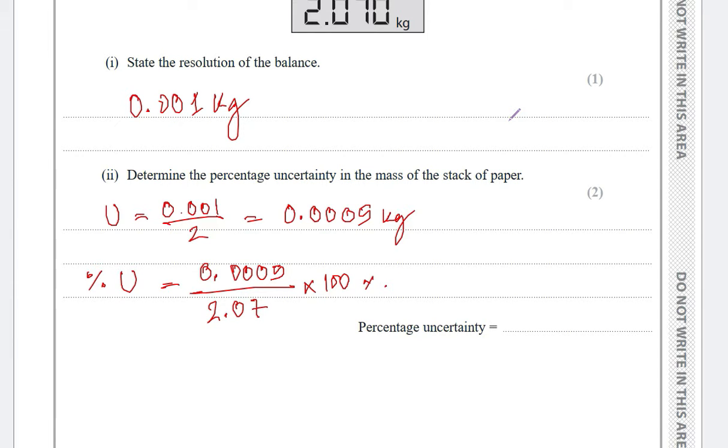And the value is 0.024. The question says percentage uncertainty, and once you multiply it with 100, the value is 0.024%. And as always, give your percentage uncertainty in two significant figures. So that's why I gave 0.024, which is consistent with two significant figures.